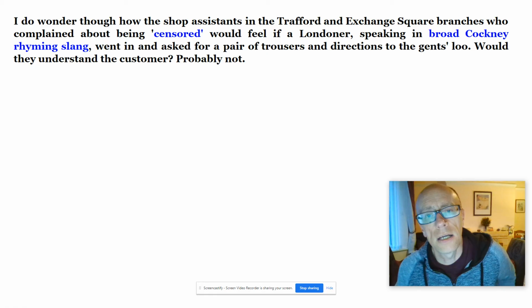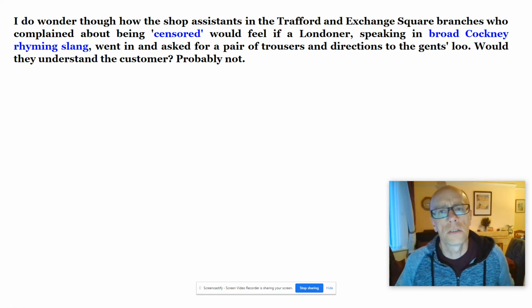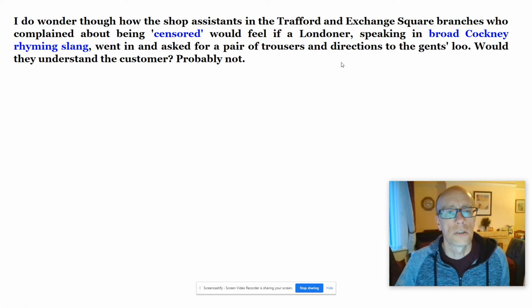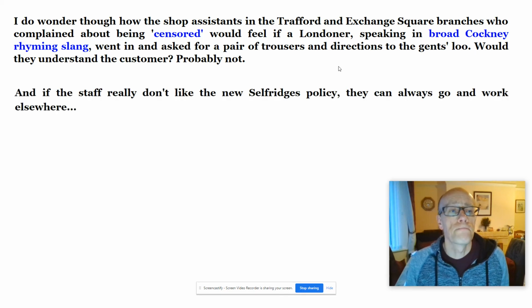He's making an analogy between the misunderstanding that surely would arise if a Londoner went around speaking in broad Cockney rhyming slang with the kind of local expressions that the Mancunian shop assistants were using at the beginning of the article, which you might think is a fair or maybe an unfair connection that he's making. At the end of the paragraph, he does this adjacency exchange with a kind of question-answer, a rhetorical question of would they understand the customer? So there's a fairly obvious kind of rhetorical device that's being used there.